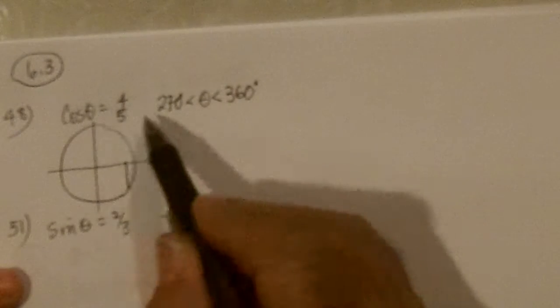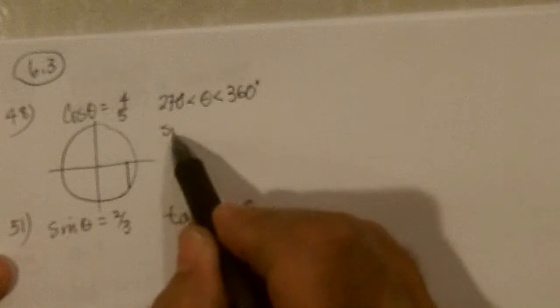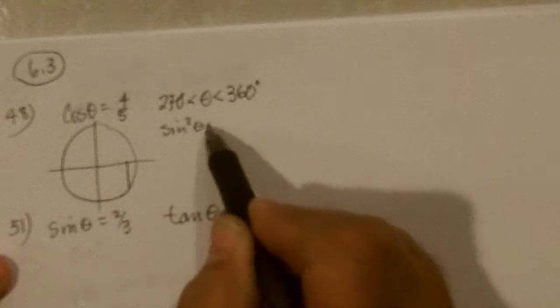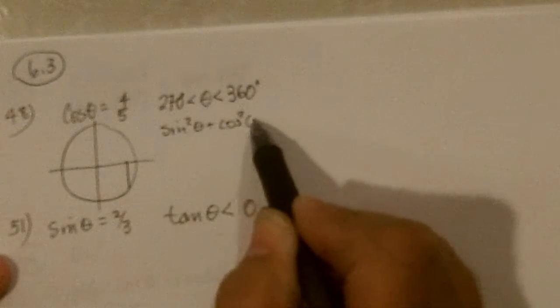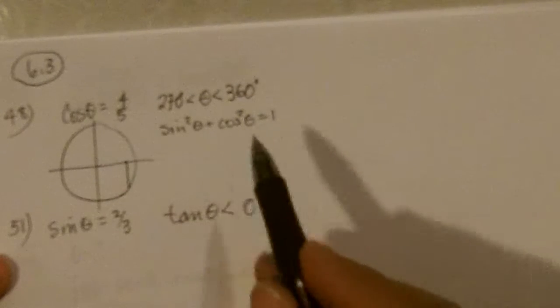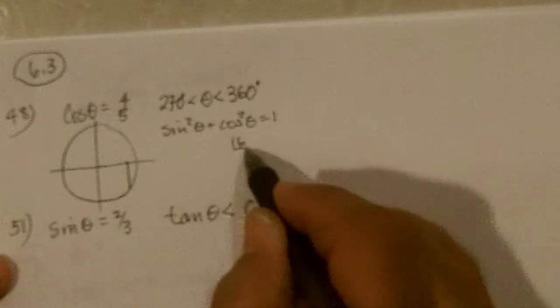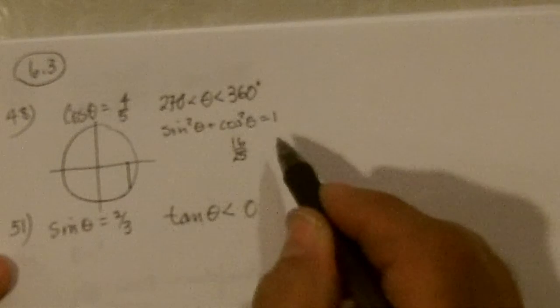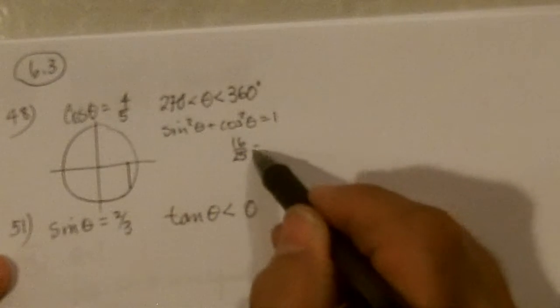And so I'm going to use sine squared of an angle plus cosine squared of an angle is always 1. So if the cosine is 4/5, cosine squared is going to be 16/25 if I squared 4/5.